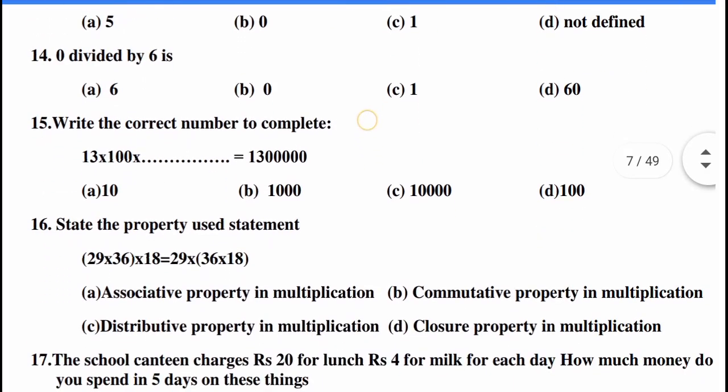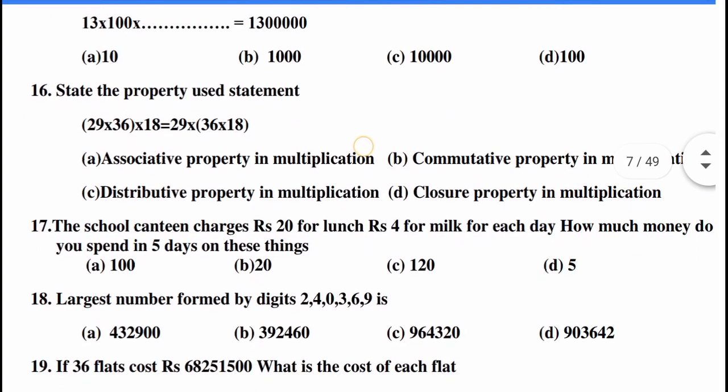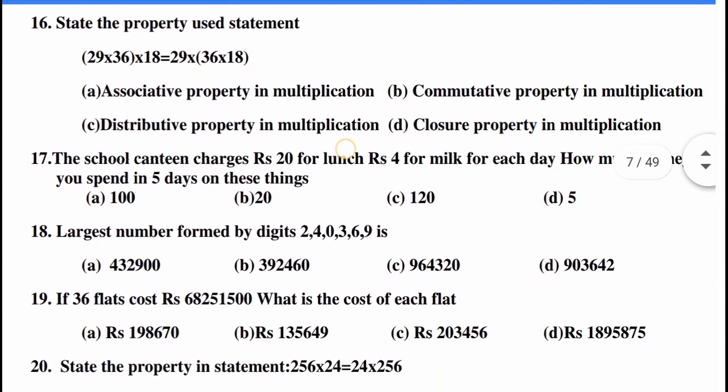Question number 16. State the property used in the statement. The statement is 29 multiplied by 36 into the brackets multiplied by 18 is equal to 29 multiplied by 36 multiplied by 18. Here numbers are same both the sides, right? 29, 36 and 18.